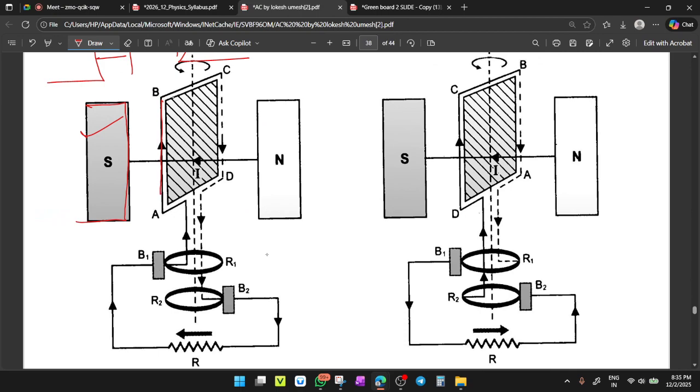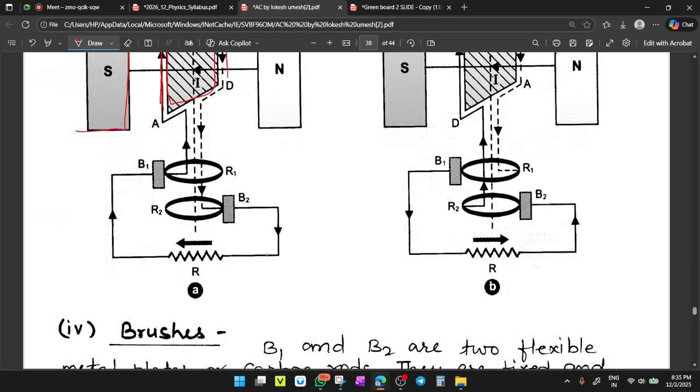In between there is a rectangular coil, with a soft iron core. On that core, many turns of copper wire are wound. Then there are two slip rings.